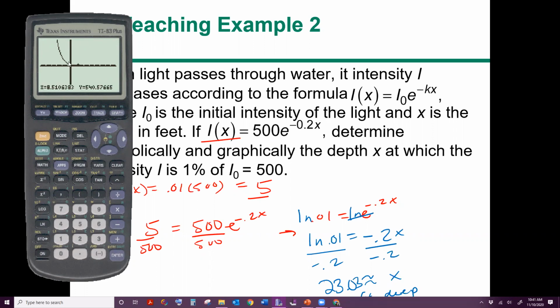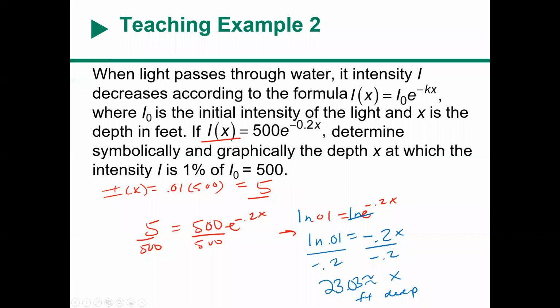Even though I can't see it perfectly, I can hit second trace and look for the intersection. It finds the first curve and the second curve, and asks if I want it to guess for me. I say yes. And what do I get? 23 and approximately 0.3. So that's it graphically. You can change the window settings to get a better view of the intersection. That's the gist of it.